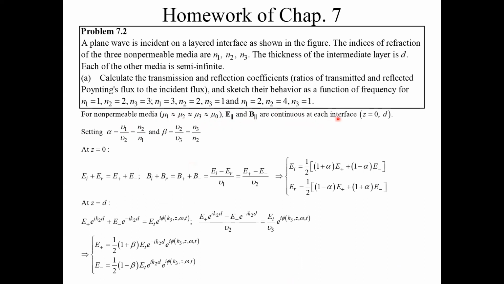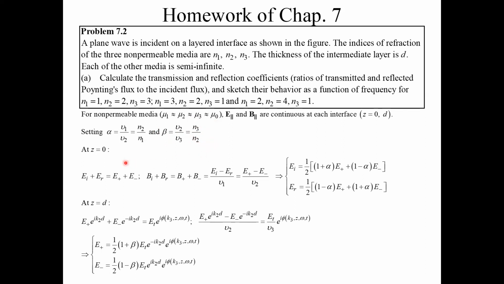This is our boundary condition. And here we can set our ratios: mu1 divided by mu2 equals alpha equals N1 divided by N2, and mu2 divided by mu3 equals beta equals N3 divided by N2.